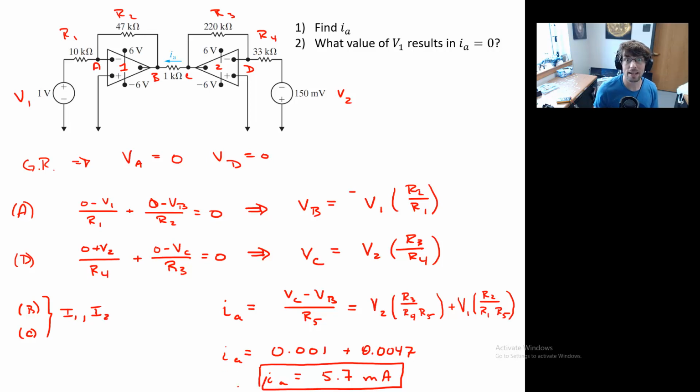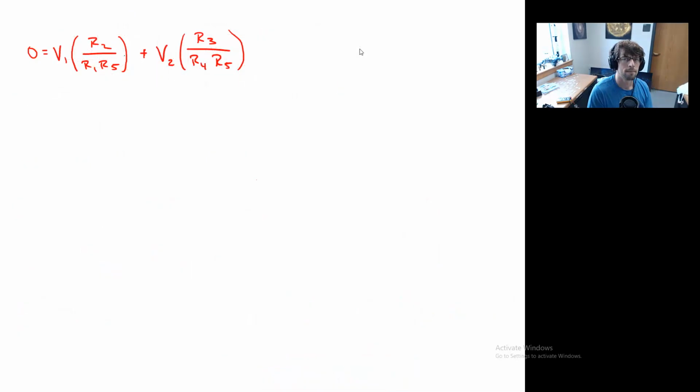Well, we can answer the second question. You see that by having this expression in variable form, we can automatically answer the second question fairly quickly, right? So I've taken the liberty of rewriting the equation, and I've substituted in IA is equal to 0. So now we're just left with trying to find what the value of V1 is.